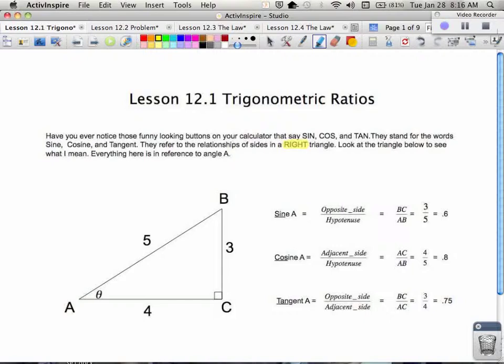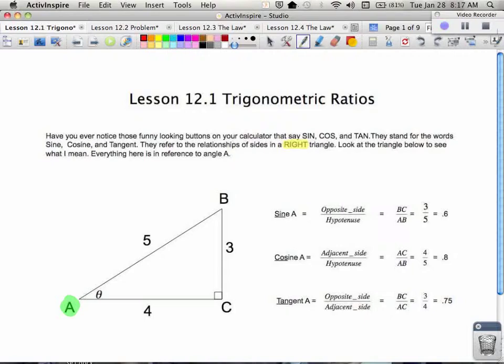So now if I look at angle A as my reference point and I look from the vantage of this angle, the definition of the sine of that angle is the opposite side divided by the hypotenuse. So the side that is opposite to the angle A is 3, and the hypotenuse is 5.